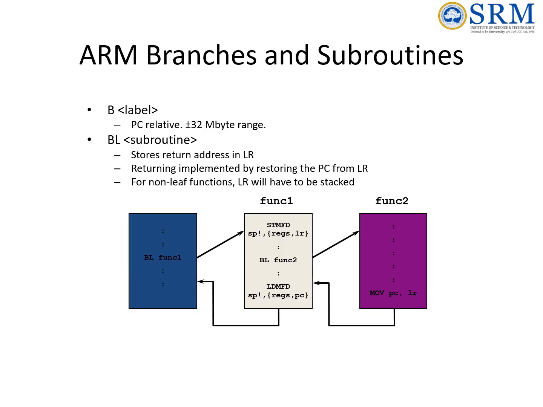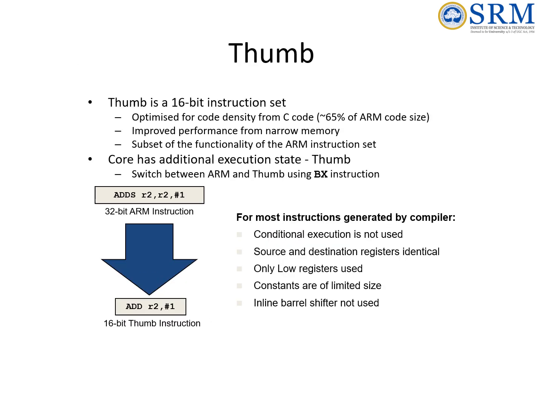So ARM branches and subroutines: B label, where the label is the address of the branch, or BL subroutine, where subroutine is the address of the branch, and it stores the return address in LR.